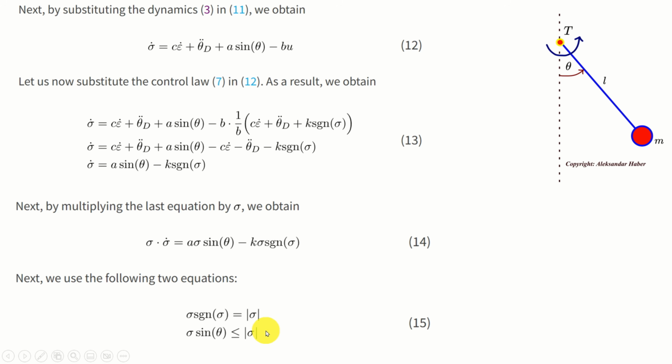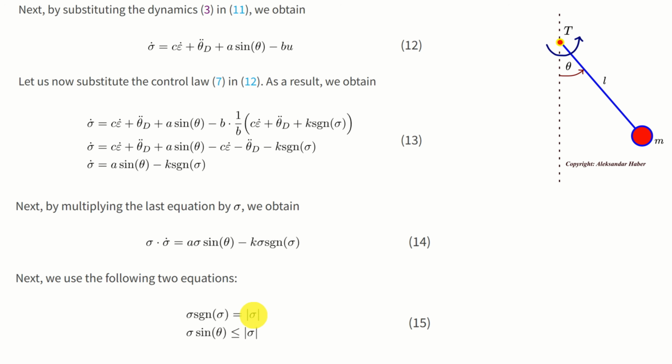How did we obtain this expression? Well, we know that the absolute value of the sine function is always smaller than or equal to 1. Then, by using this expression and by taking the absolute value of sigma, we obtain the final relation.